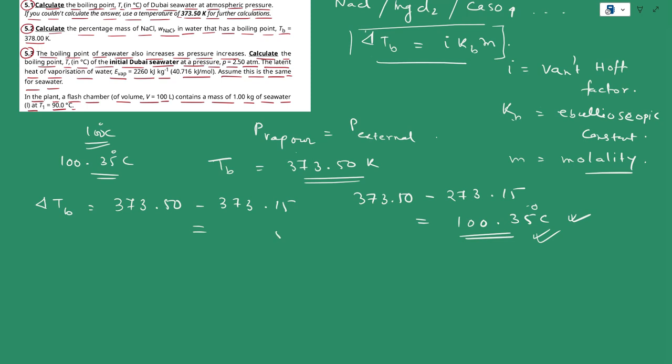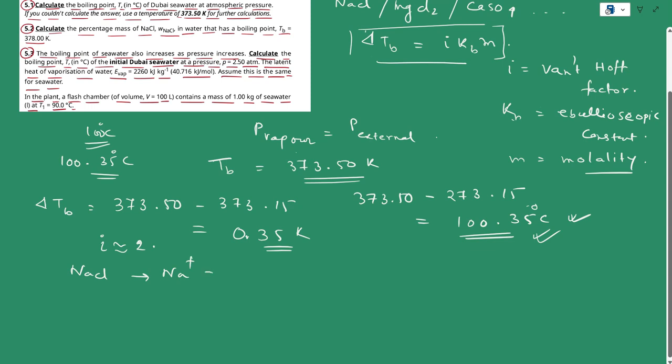So this will be, yes, 0.35 K. Okay. Now for NaCl, i is near about 2 approximately. Okay. Because NaCl becomes Na plus Cl minus. Right. Now substitute the values.